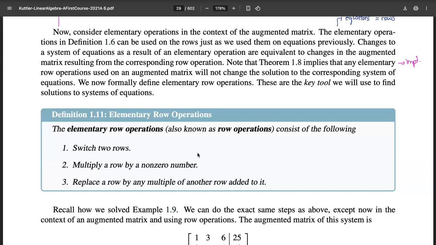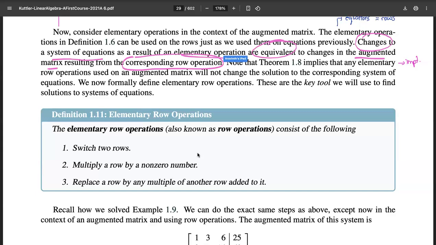Changes to a system of equations as a result of elementary operations are equivalent to changes in the augmented matrix that result from the corresponding row operation.